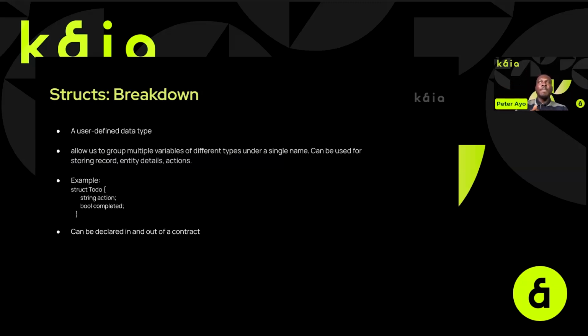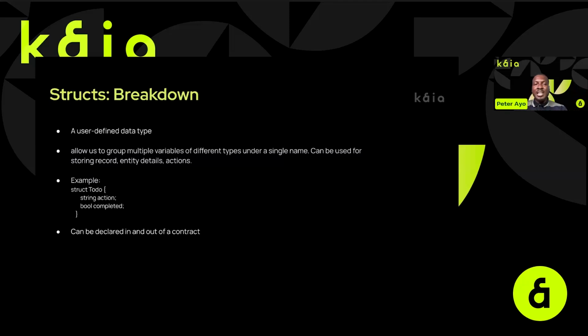variable type, right? And so with struct, it allows us to group multiple variables together under a single name. So imagine you're trying to write a smart contract, like an attendance smart contract, for this particular class. That means I need to be able to write a struct that groups multiple variables together.